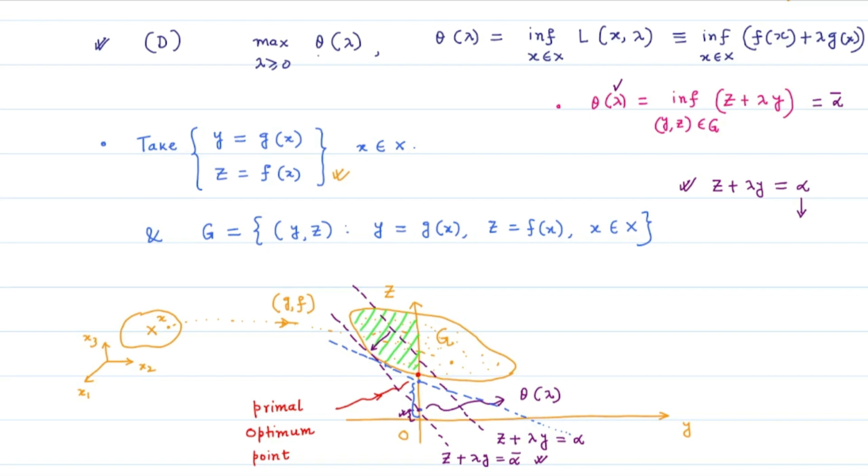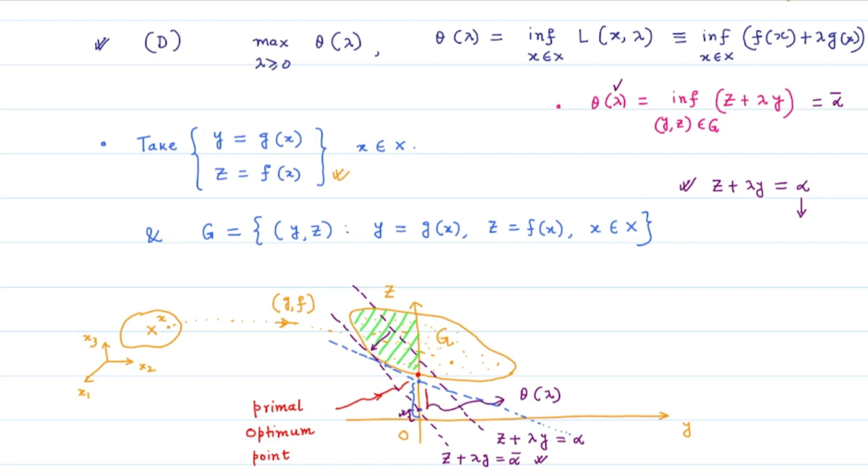The dual problem is essentially asking us to find the maximum most value of all these z-intercepts of these supporting lines to the set capital G. So you keep varying the slope of all these lines, this blue line or this magenta line, and so on. Accordingly, you go for identifying the z-intercept of all those supporting lines.